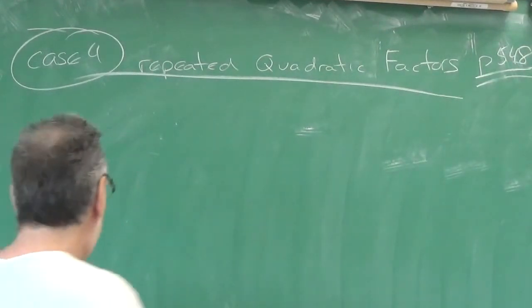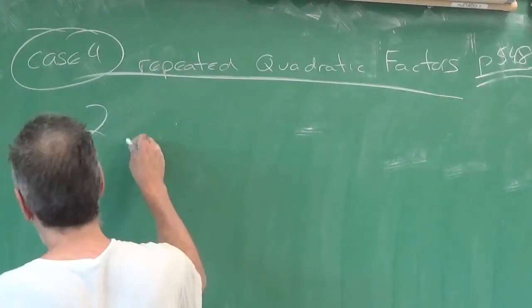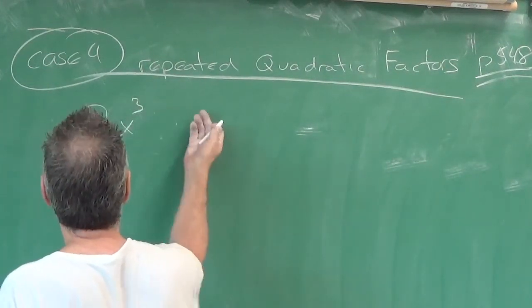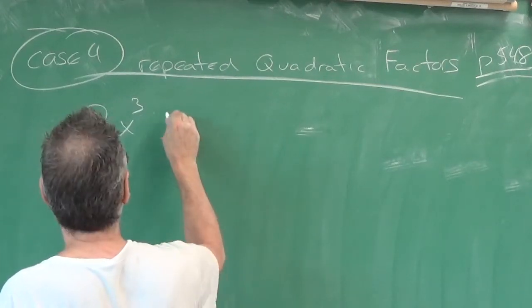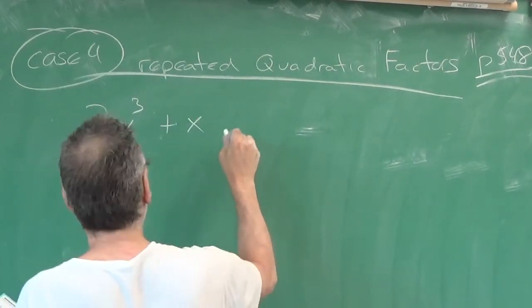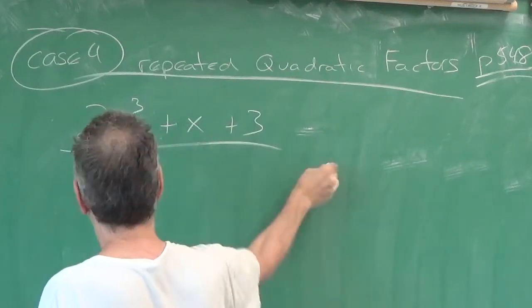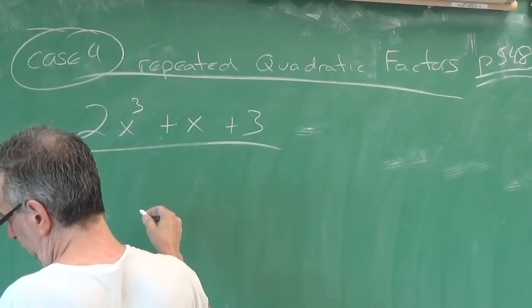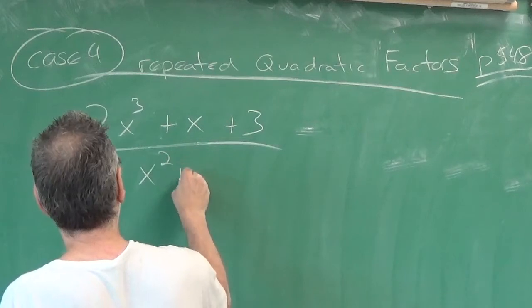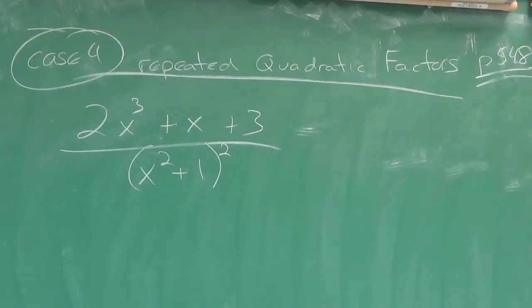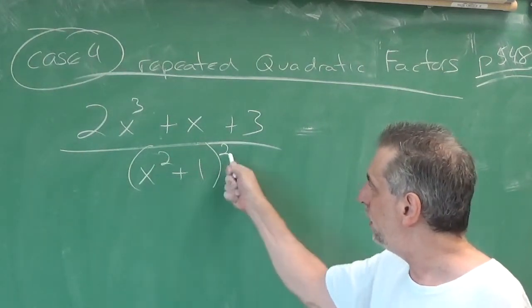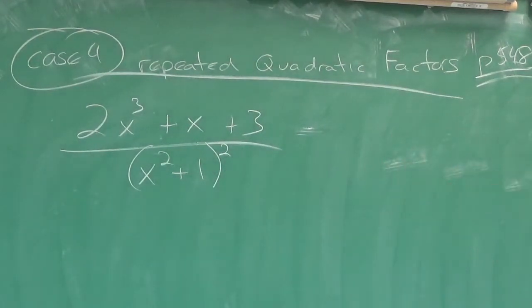All right, so here, same question. 2x cubed plus x plus 3 over a quadratic factor raised to the second power. So this is an example of a repeated quadratic factor. Quadratic factor repeated 2 times.